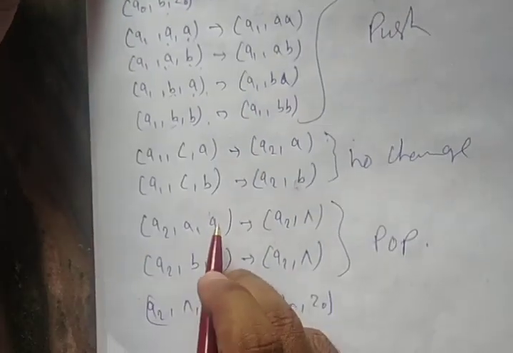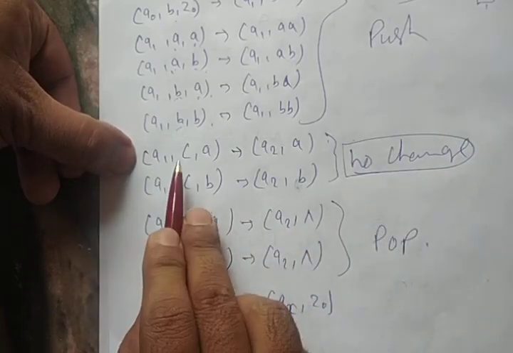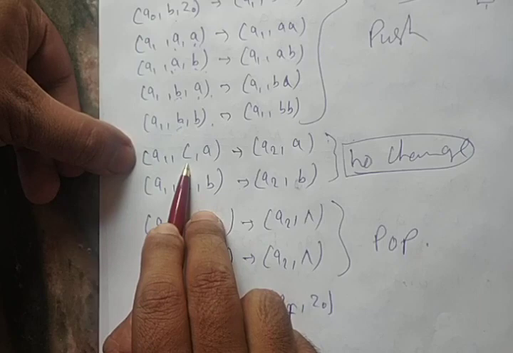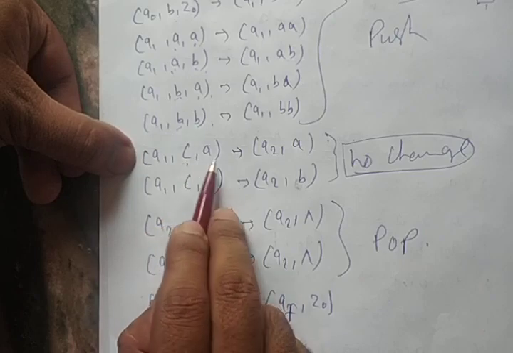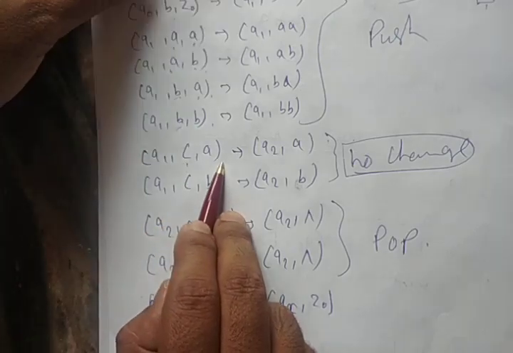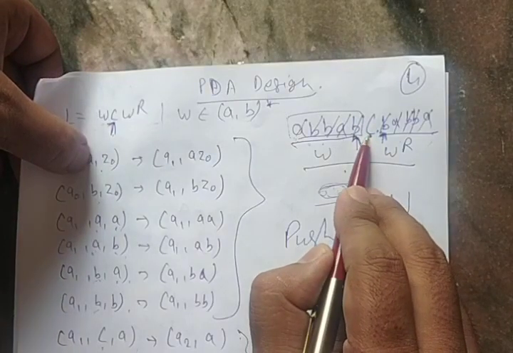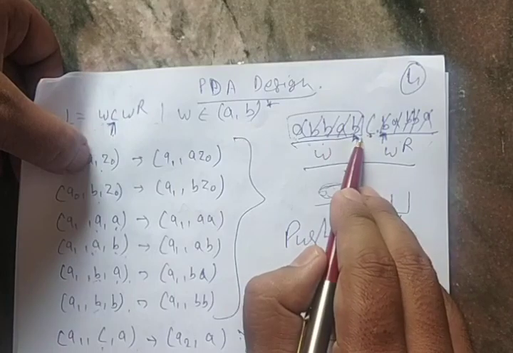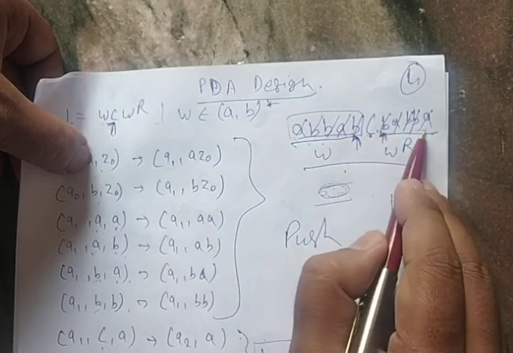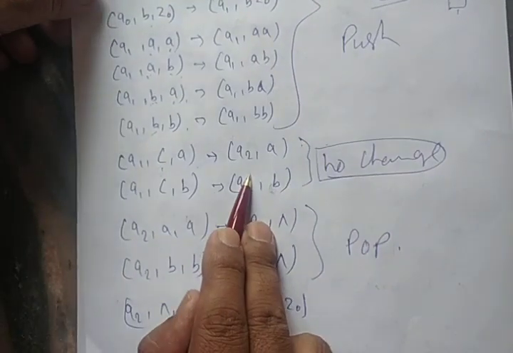Now here we have no change, because once C gets into my input tape, I don't want to perform any insertion or deletion, because if I perform any insertion or deletion, the number of values will get reduced with respect to more which is coming. Hence, I don't want to make any change into my stack.